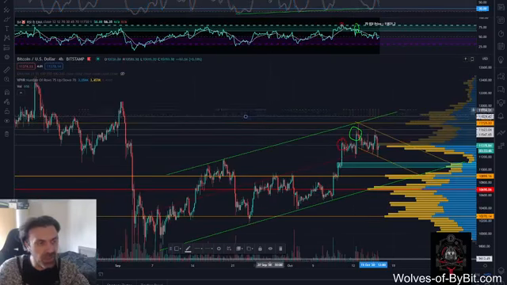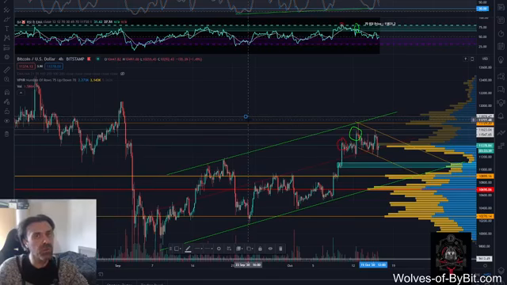So this was actually really close to where we had that line set for the lower time frames.